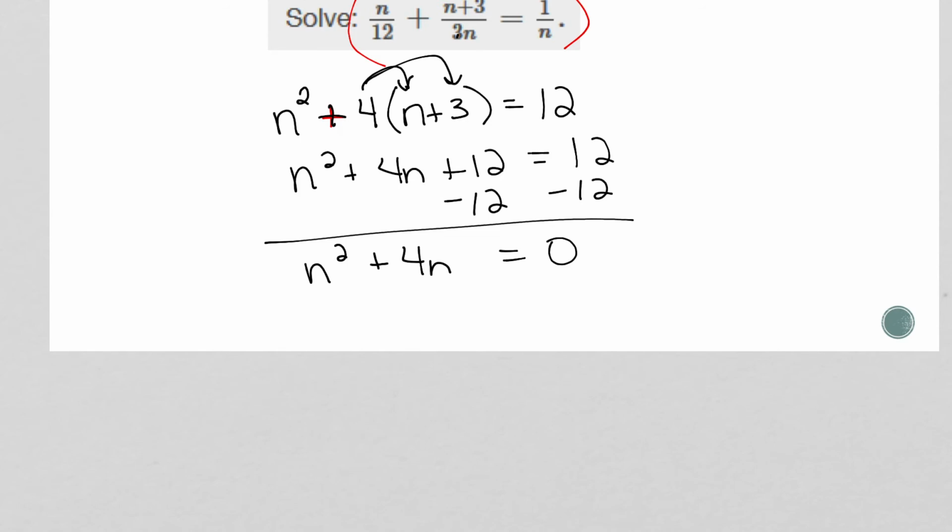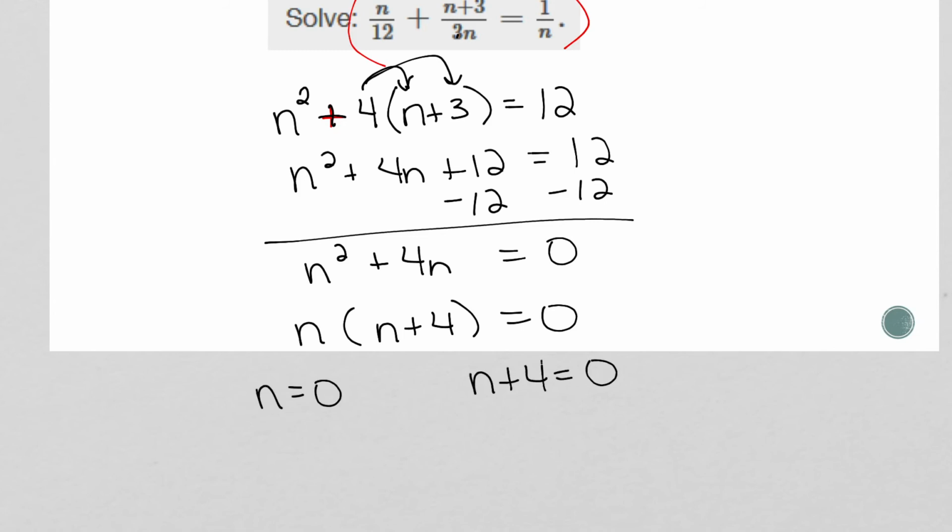All right, so now I'm going to factor out an n. And I'm going to take each of these pieces and set them equal to 0. So n is equal to 0, and n plus 4 is equal to 0. So subtract 4, so n is equal to negative 4. So these are my two solutions.